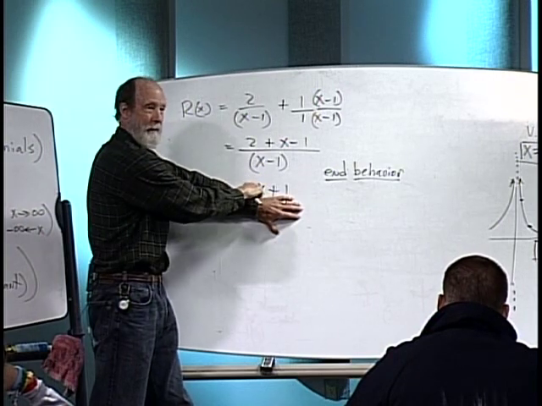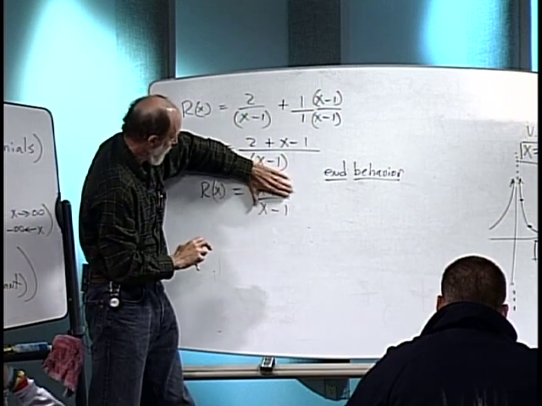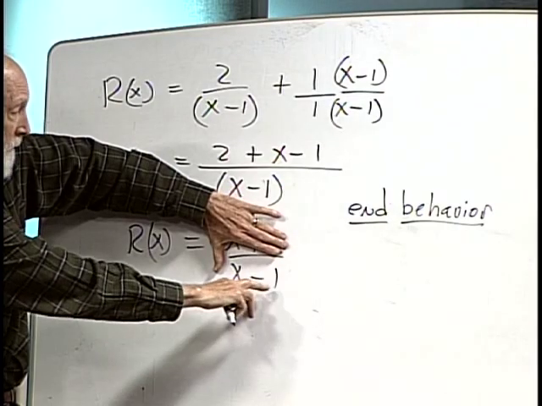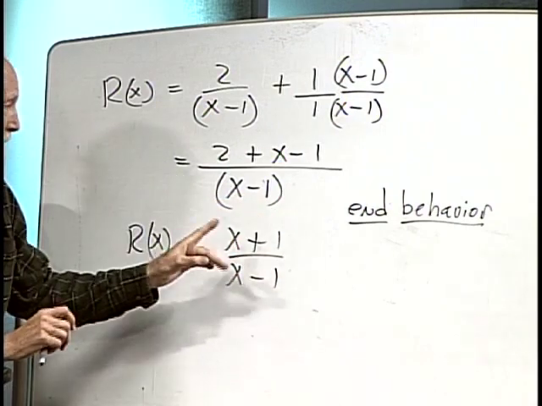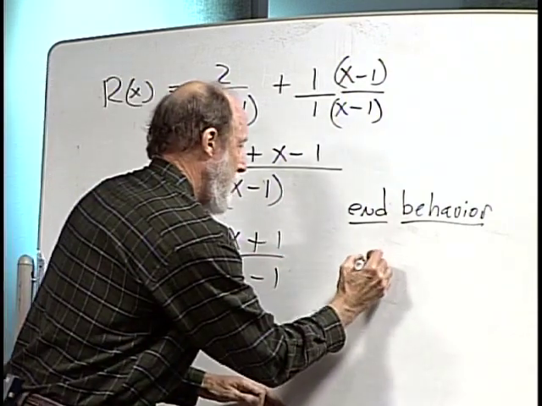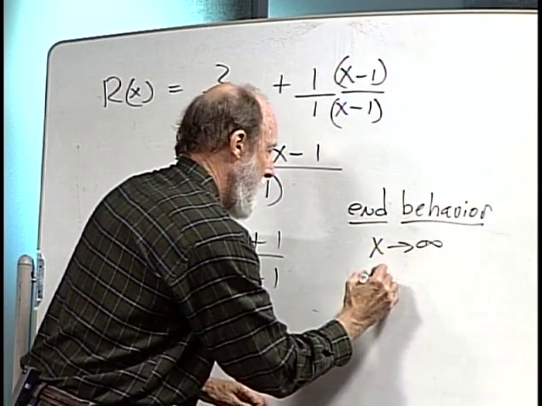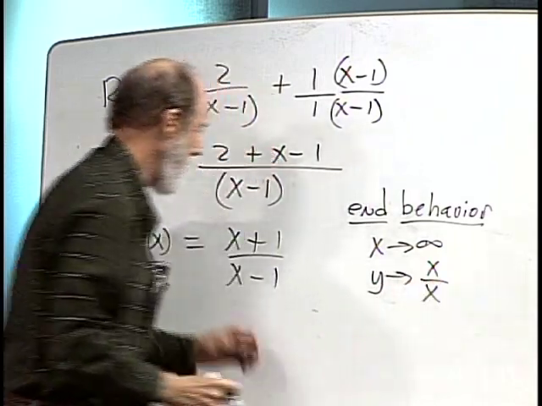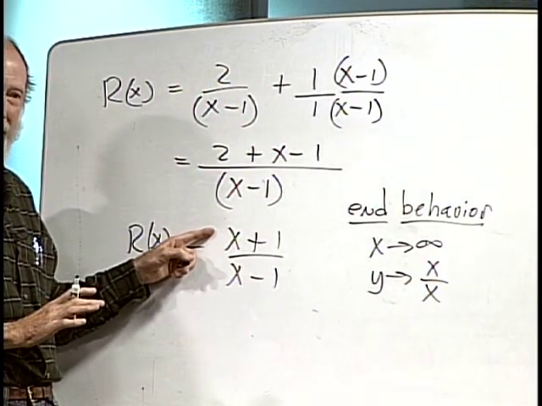X is big. Okay. What dominates the denominator? Again, X. Taking 1 away from a big number doesn't make much difference. Okay? So the dominant terms for end behavior as X approaches infinity, y is approaching X over X. The leading term in a polynomial is what dominates the polynomial.